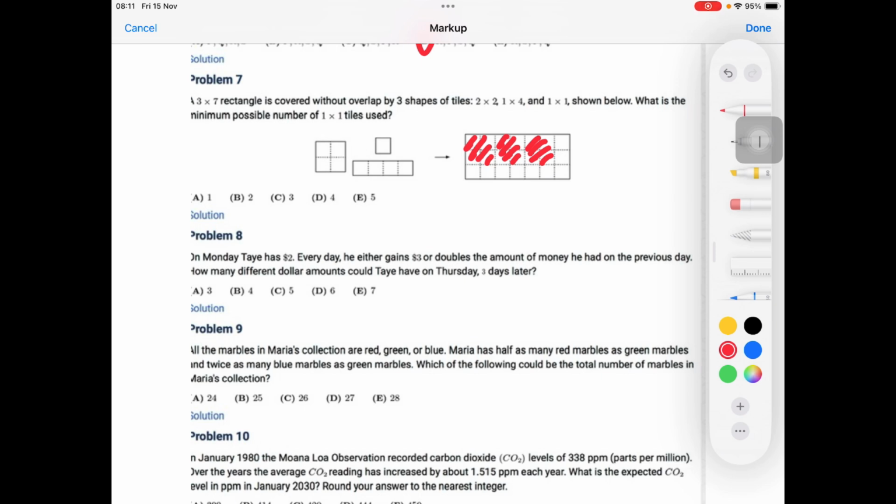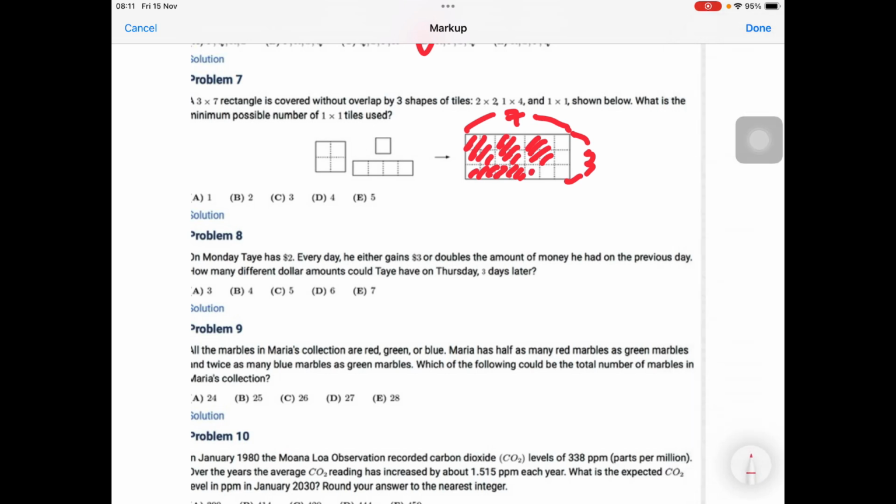That's all. And 4 by 1, 1. That's all. Because now here is a 7 and 3, so we cannot put more 1 by 4 here, or more 2 by 2. So now we have 1, 2, 3, 4, 5.